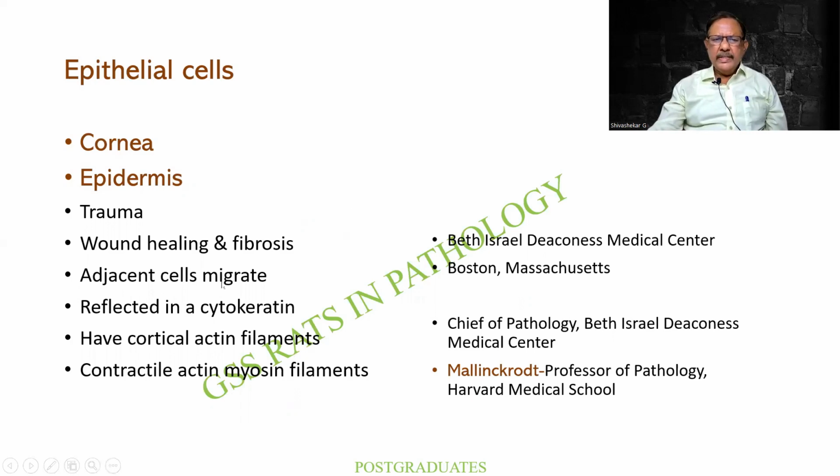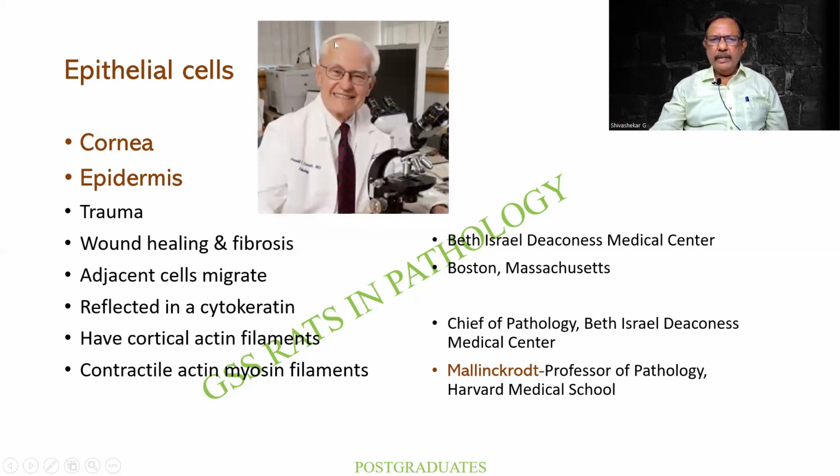Also, the adjacent cells migrate and there is a change reflected in the cytokeratin of the epithelial cell. These have cortical actin filaments and contractile actin-myosin filaments. So this is where the interaction occurs. This reference is from this particular gentleman who has contributed a lot.